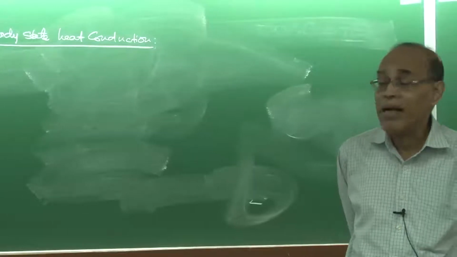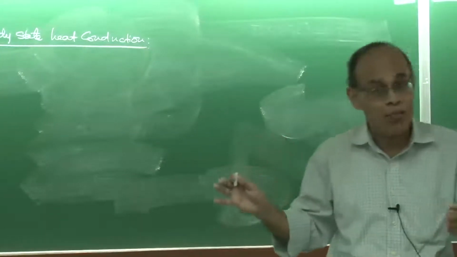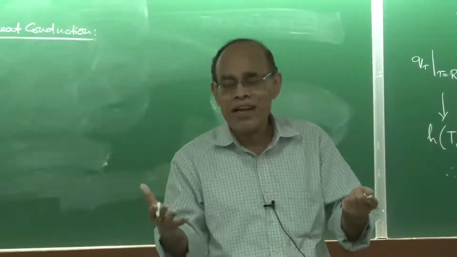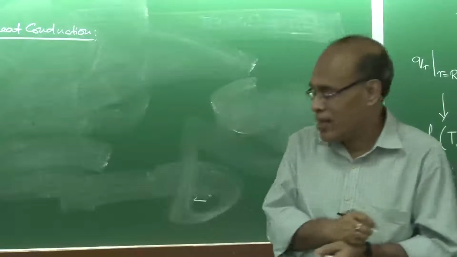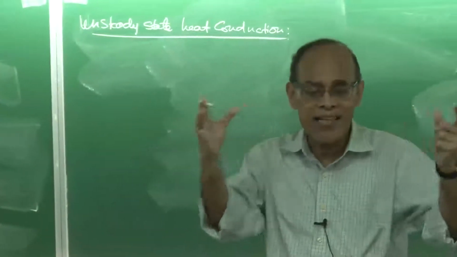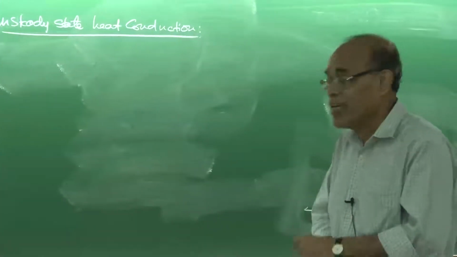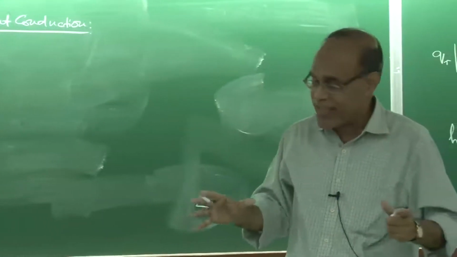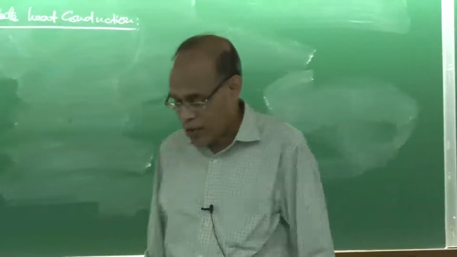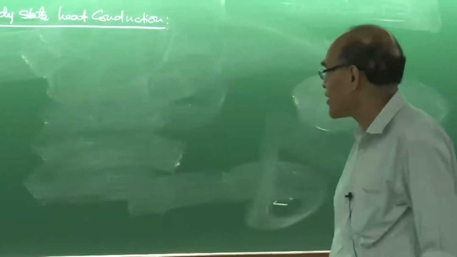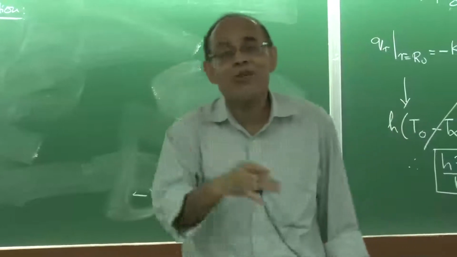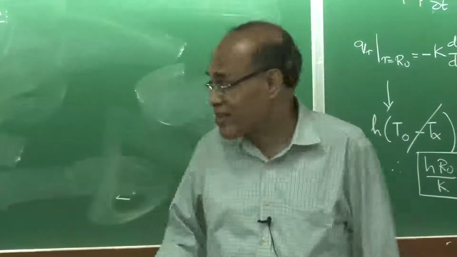For multidimensional problems, the analytical solutions are complex, but nonetheless, even for unsteady 2-dimensional and 3-dimensional cases, one can find the analytical solution, which may be a little tedious, under certain simple boundary conditions, for example if the temperatures at all the boundaries are identical. So, it is possible to find an analytical solution even for a 3-dimensional scenario. But all the cases which are amenable to analytical solutions, I do not have the time to discuss today.